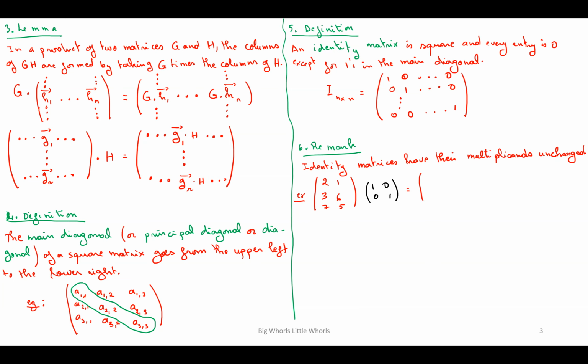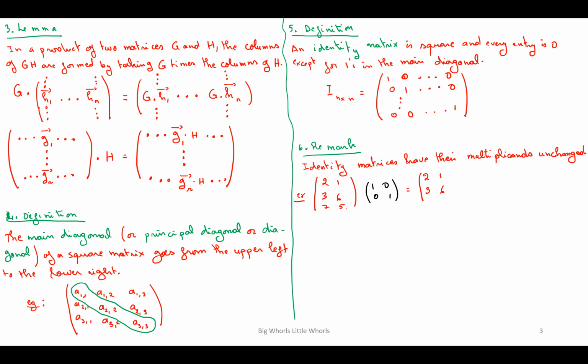So let's do normal matrix multiplication. 2 by 1 is 2, plus 1 by 0, so it's just going to be 2. The first row multiplied by the second column is going to be just 1. Then 3 6 multiplied by the first column is just going to be 3, and multiplied by the second column is going to be 6.